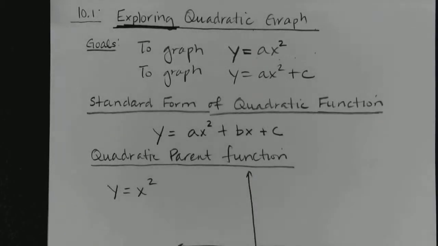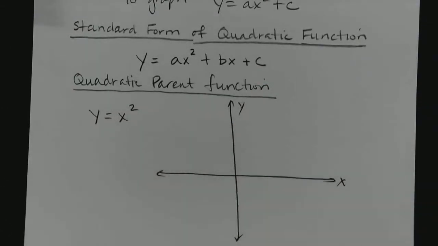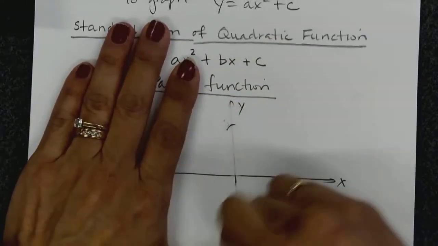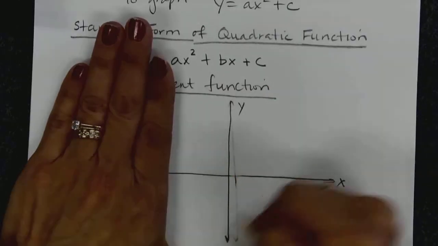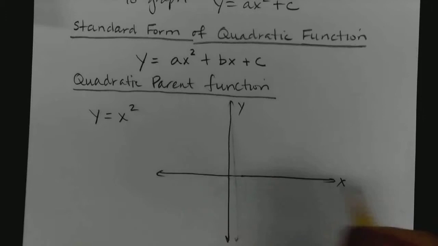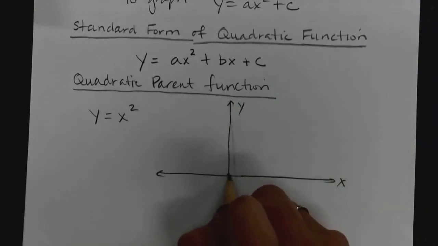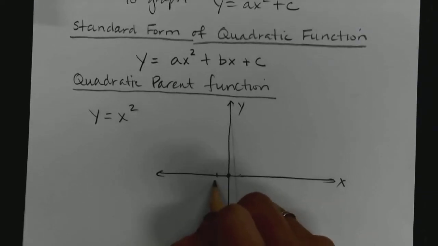So here's my x and y axis. Oh, my line is crooked. Crooked lines make a crooked graph. Okay. So I have a point that goes through there.